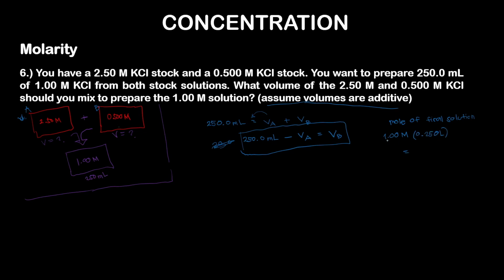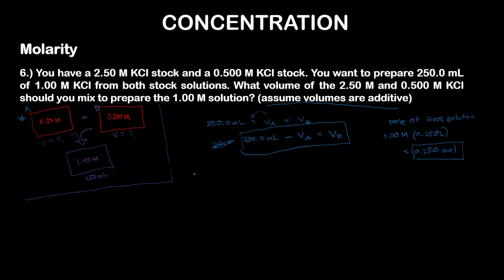Okay. Now, 1 mole per liter times 0.250 liter is just 0.250 mole. Okay. So we have 0.250 mole in the final solution.